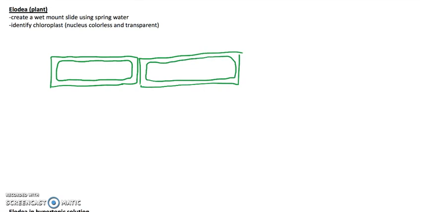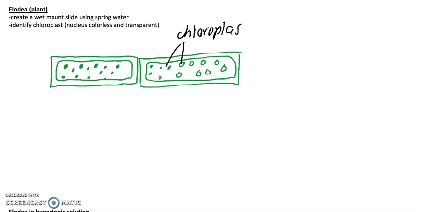So first off, one main difference is that the chloroplasts here are not like the ones in spirogyra. These appear as little circles throughout the entire cell. So these are the chloroplasts. But everything else is still the same.